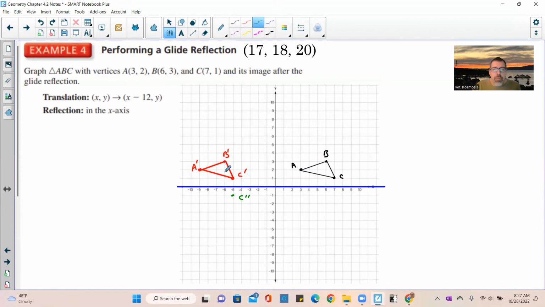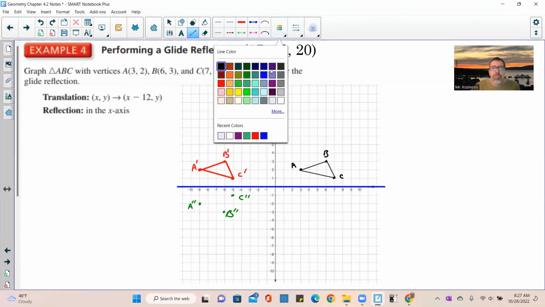B prime goes down 1, 2, 3 to get to the line, down 1, 2, 3 more to get to the other side, the same distance away. And there's B double prime. A goes down 2 to get to the line, down 2 more to get to the other side, same distance away, and there is A double prime. And then I just connect my dots.